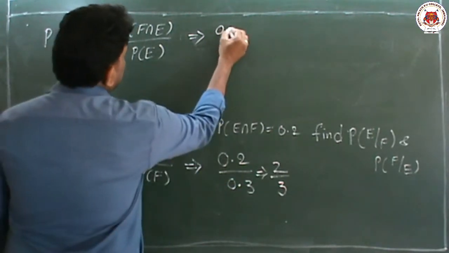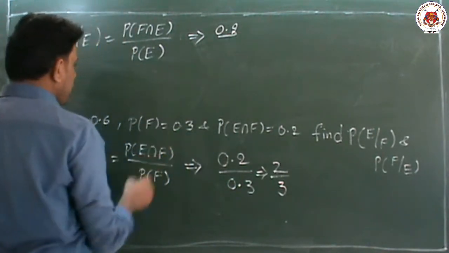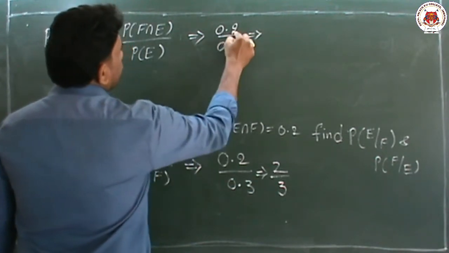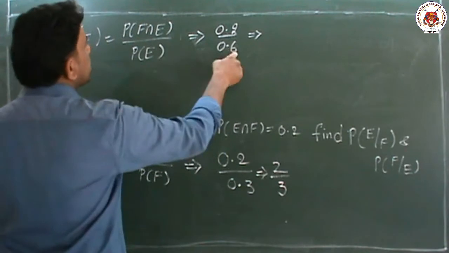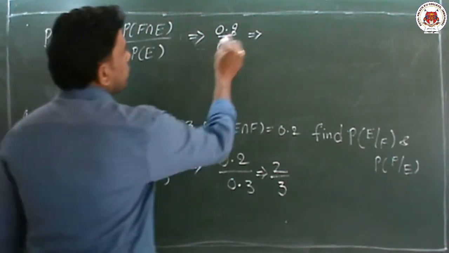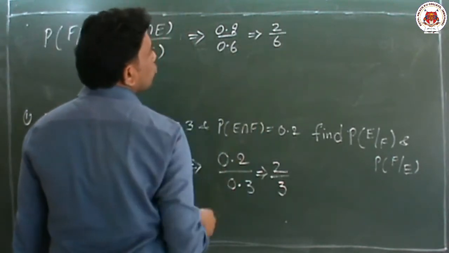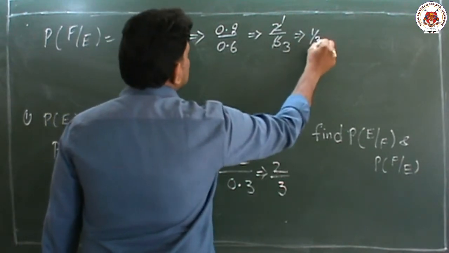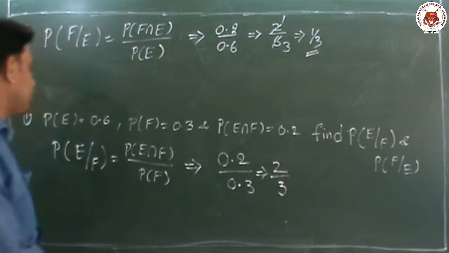The answer is 0.2 and the value of P of E is 0.6. Here after the point there is 1 decimal place, and here also 1 place, so we can cancel it, then we can write directly 2 by 6. Then 2 ones are 2, 2 threes are 6. So what is the answer? 1 by 3. Like this we will find it.